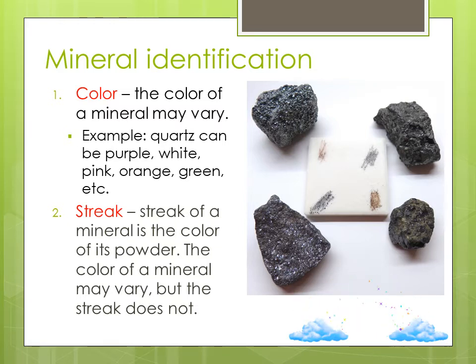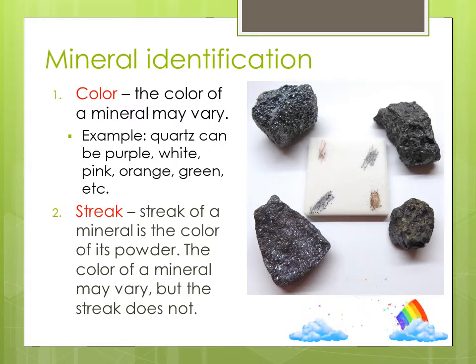Quartz may have a definite chemical composition, but it can form in a multitude of different colors. It can be purple, white, pink, orange, green, pretty much any color you imagine. So, this is great, let's look at the color.